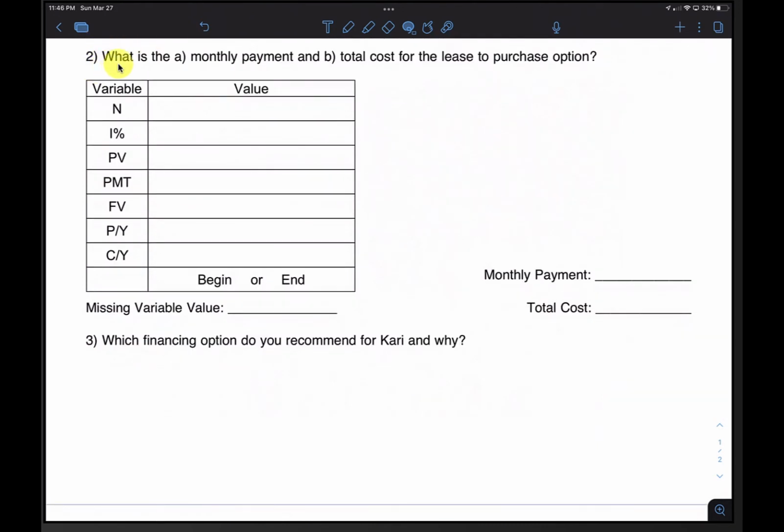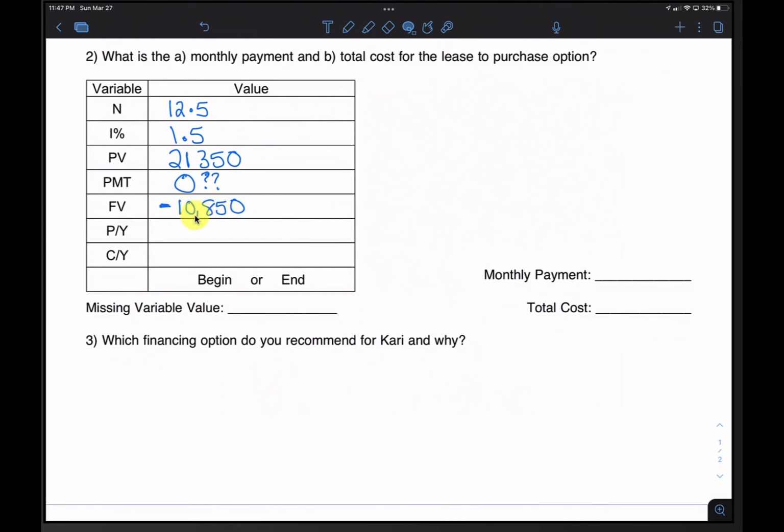Now question number 2 says, what is the monthly payment and the total cost for the lease to purchase option? So again, we're using the TVM solver, and let's fill in the table. N is still going to be 12 times 5. Interest rate was a little bit lower, it's 1.5%. Present value is still the price of the car at $21,350. Payment's going to be 0 with question marks because this is what we're looking for. Our future value is negative $10,850.